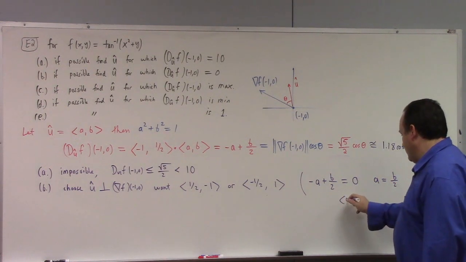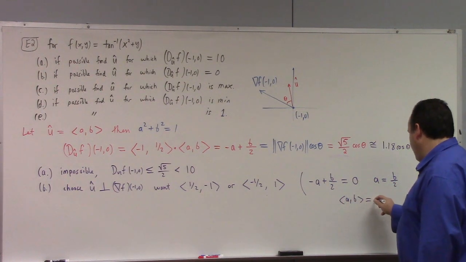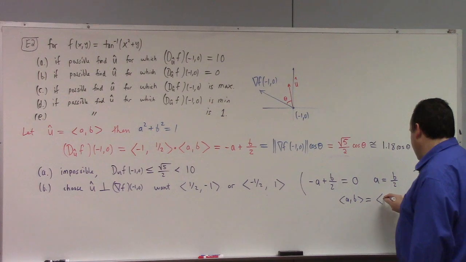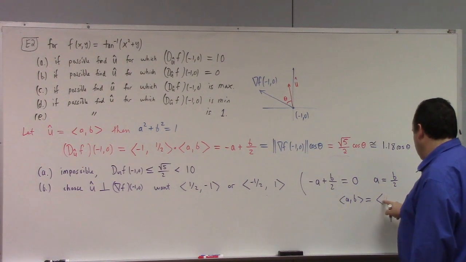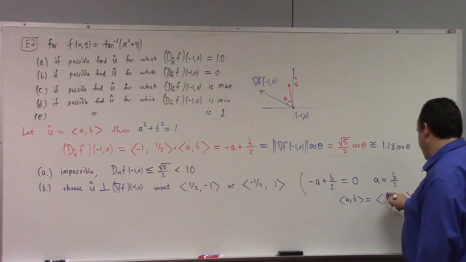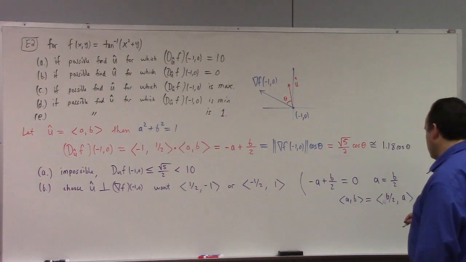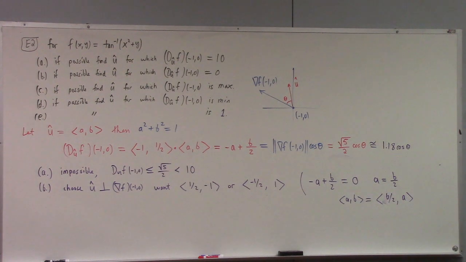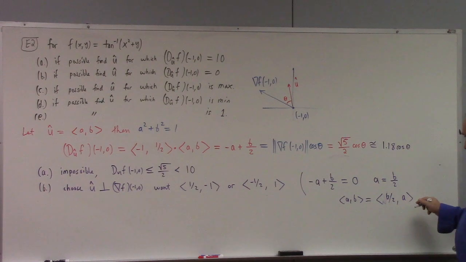So my (a, b) vector must have the form (b/2, b). Did I do that right? Oh, see, I made a mistake in my trick. It's good we did Emily's way. So this is b times (1/2, 1).